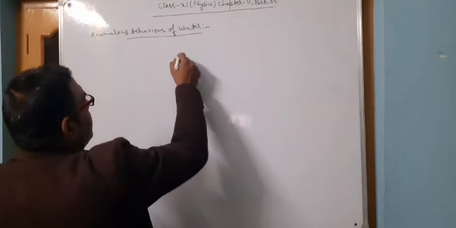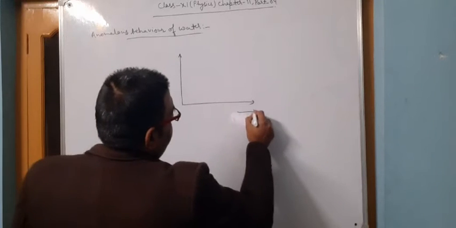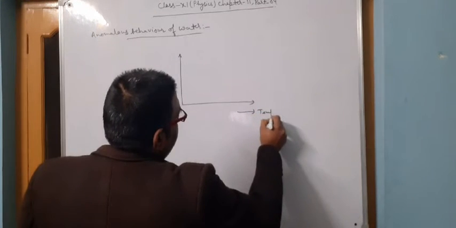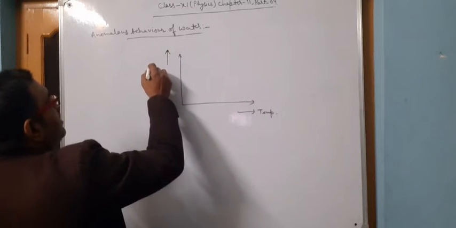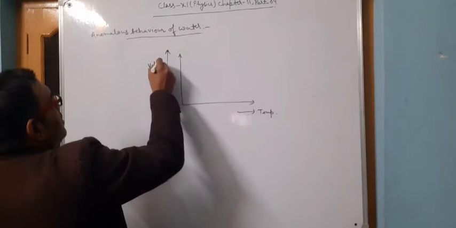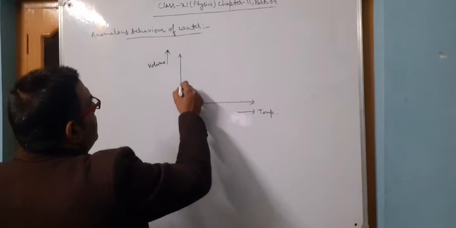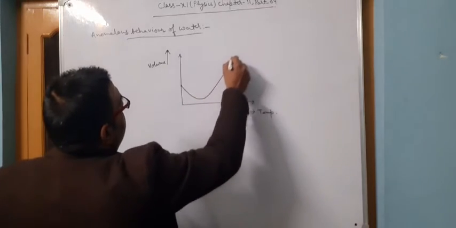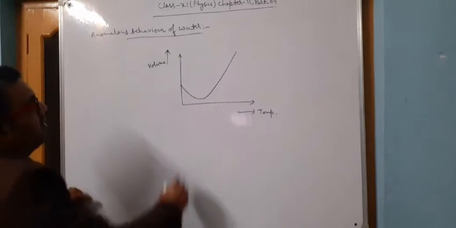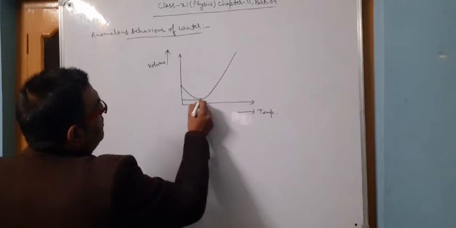Look at this diagram. Suppose on this axis we have plotted the temperature, and on this axis we have plotted volume. Then what we observe is this graph. This is the volume at 4 degrees Celsius.